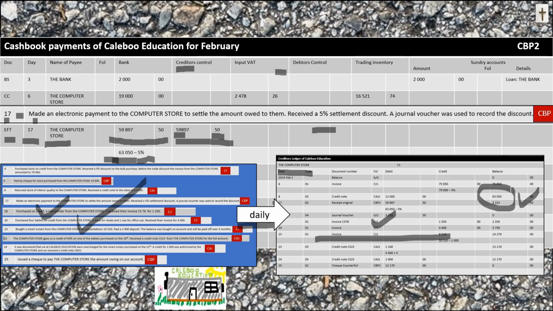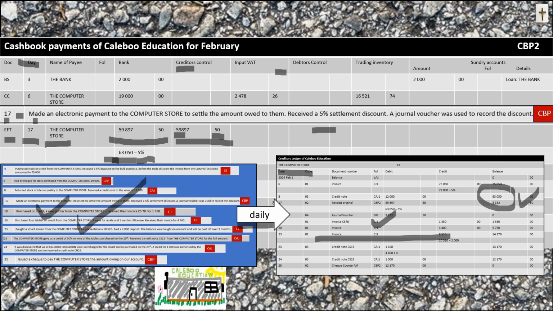And just what I mentioned earlier, sometimes some textbooks will put this through the Cashbook payments. It doesn't really matter, because at the end of the day, the correct accounts will be debited and credited. But in this exercise, I'm going to do the settlement discount in the general journal.